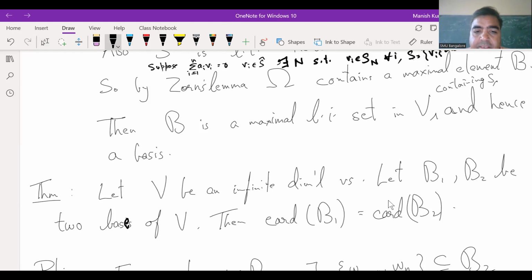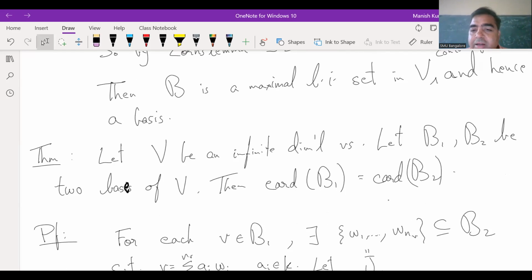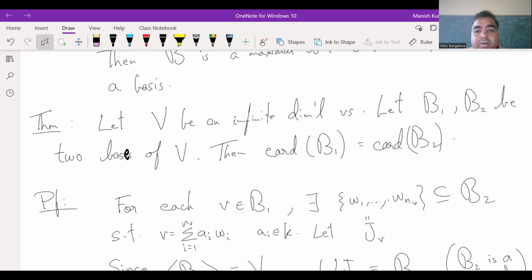Cardinality of B1 is the same as cardinality of B2. To prove this, we can assume B1 is infinite, because if it is finite, then of course we already know the result is true using that exchange trick. So let's assume B1 is infinite.